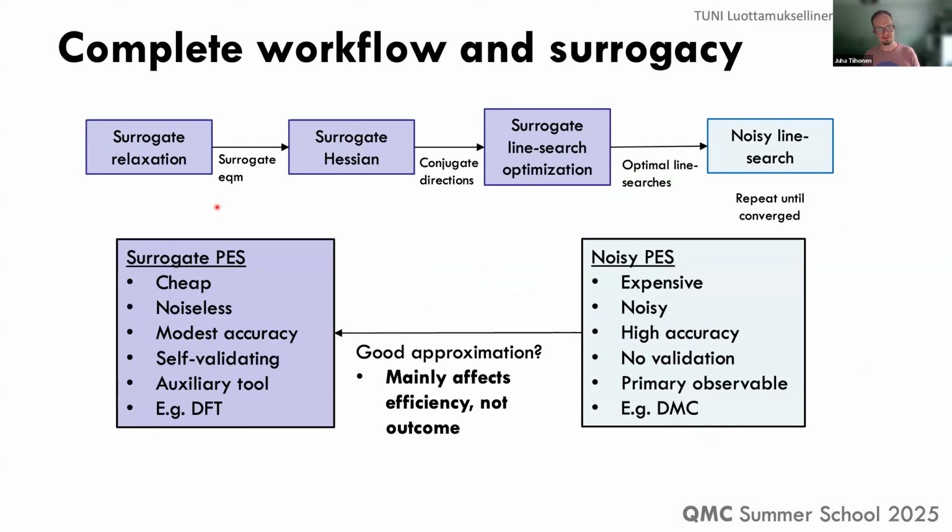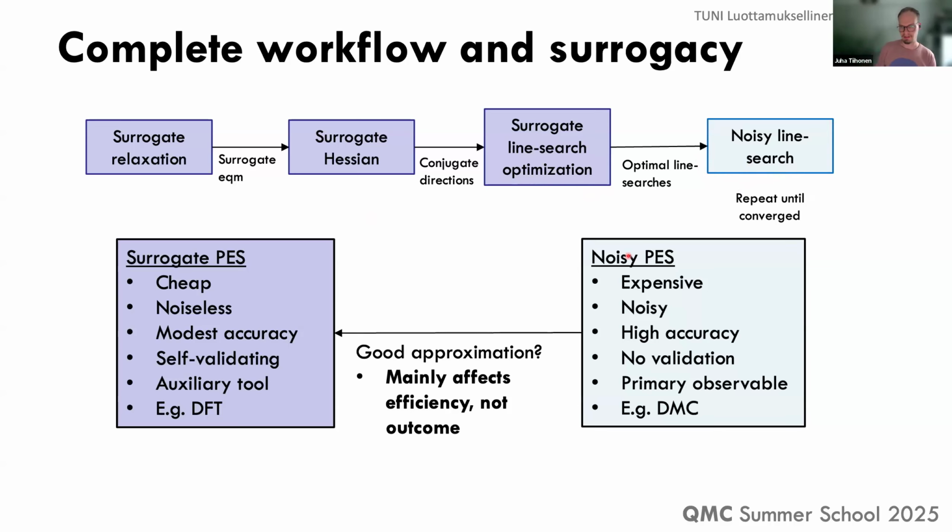We then use this point in the PES to expand or get the Hessian, and from the Hessian we get the conjugate directions, and we characterize the PES along those directions to know how the bias and the noise behave. And this allows us to optimize the line searches so that we have all the information that we want to utilize in the actual costly, noisy line search, which we then just keep repeating.